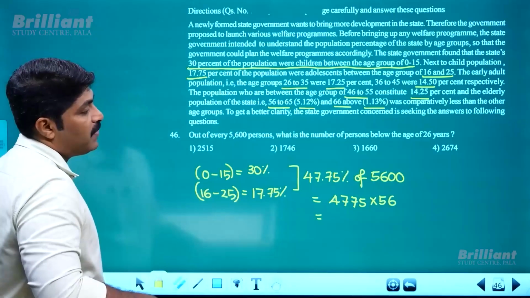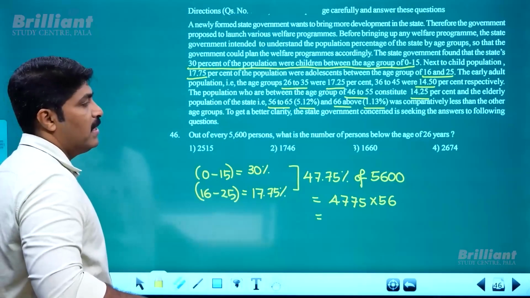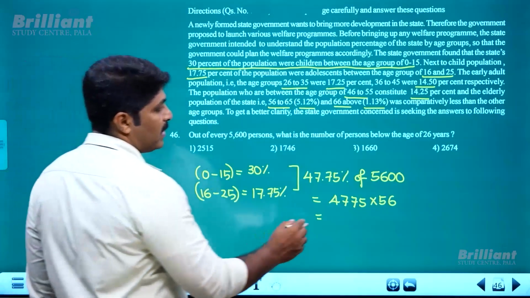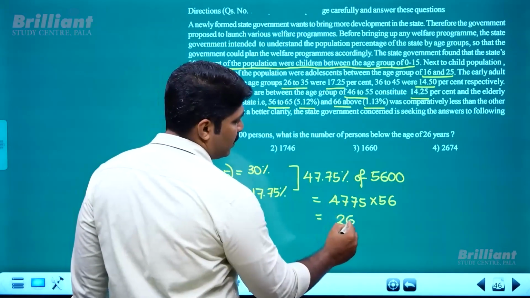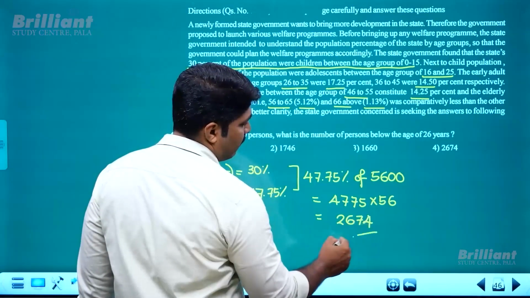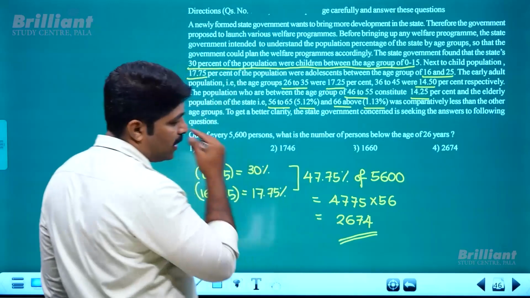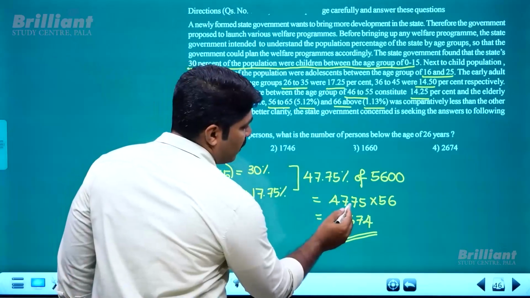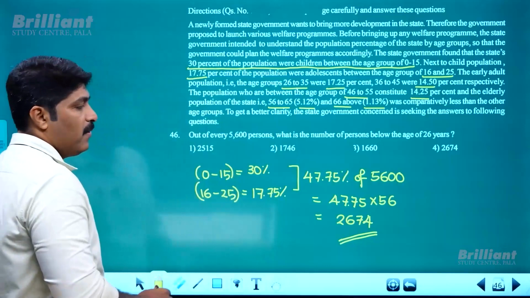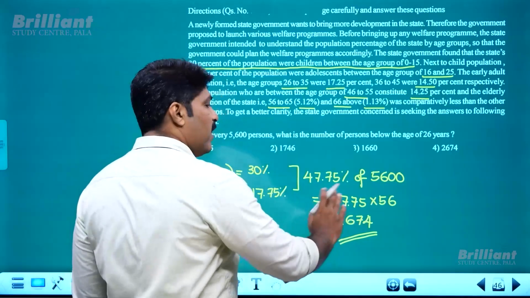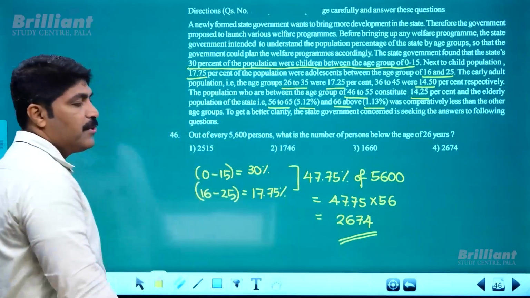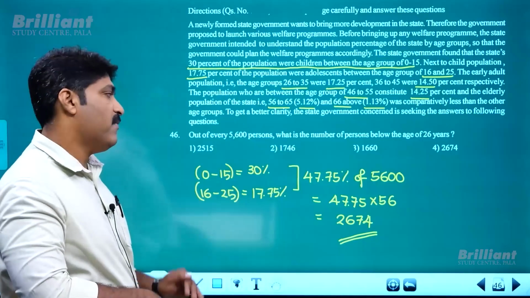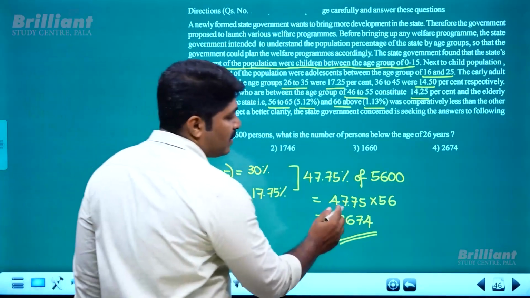Finally, after simplifying, we will get the nearest value among these, that is equal to 2674. So this is the approximate or the nearest value here. 47.75 of this 56, while multiplying, is equal to 2674. So that will be the answer. This is the nearest one.